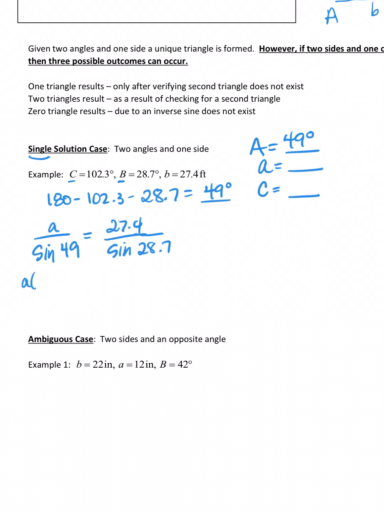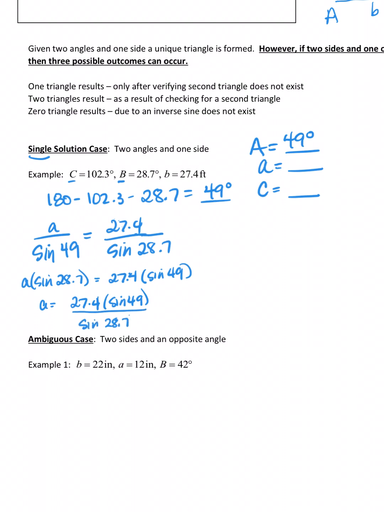If I cross multiply, I'll have 27.4 times the sine of 49. And then to solve completely, I'm going to have to divide all of this by the sine of 28.7.